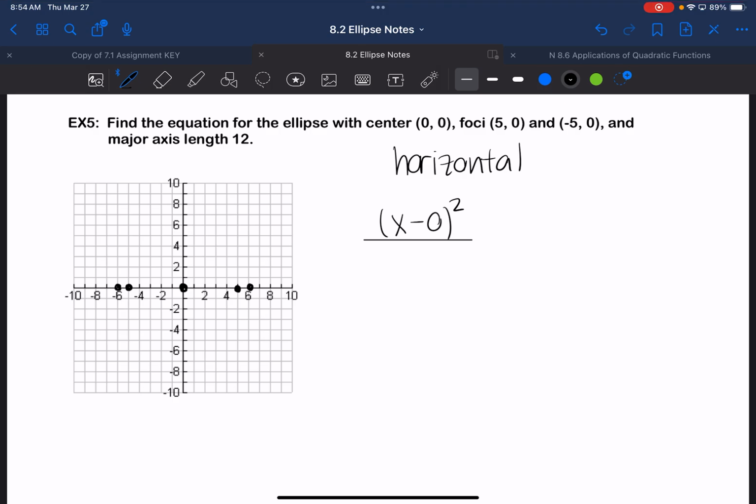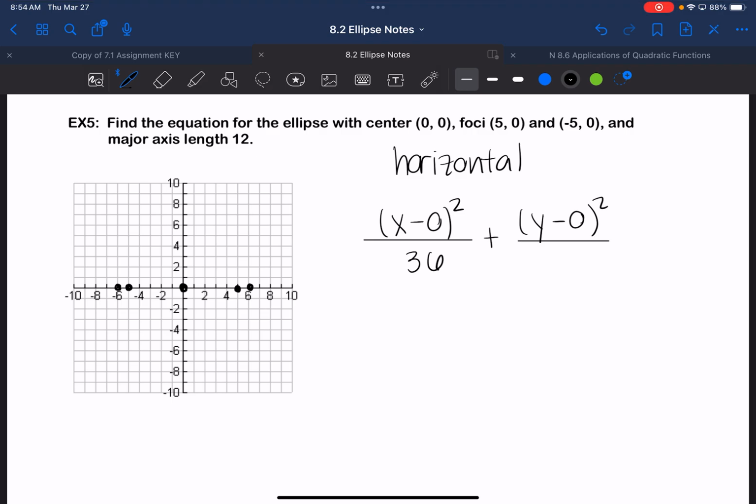So a squared must be 36. Okay. All right. And then we should have plus y minus k. Again, our center was at 0, 0. So y minus 0 squared over b squared. But do we know b? Okay, so that's what we're going to figure out.